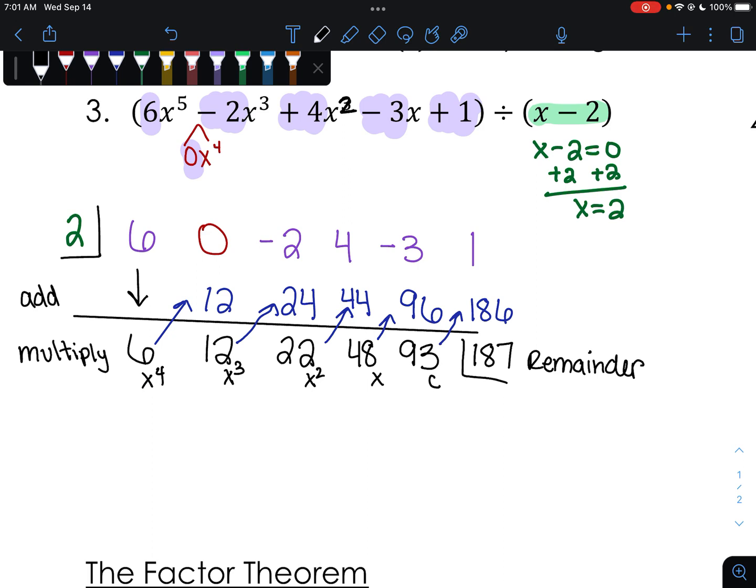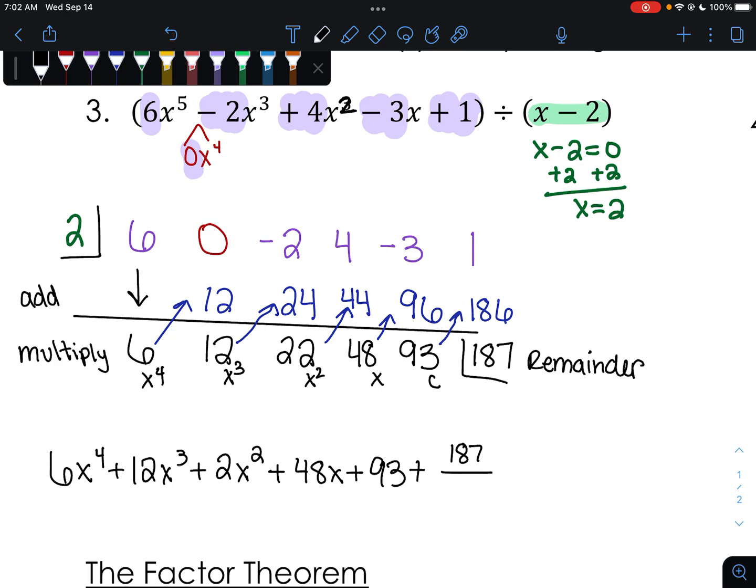So our final answer is 6x to the 4th plus 12x to the 3rd plus 2x squared plus 48x plus 93 plus 187 over what we originally divided by, and that was x minus 2. And that is our final answer for this question.